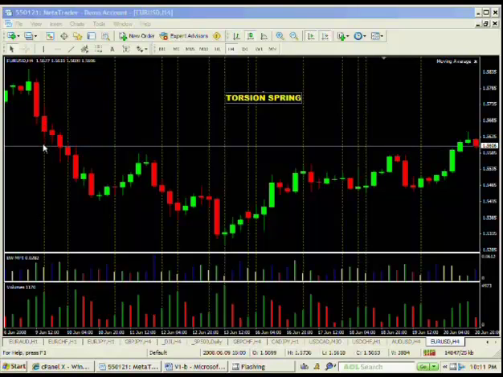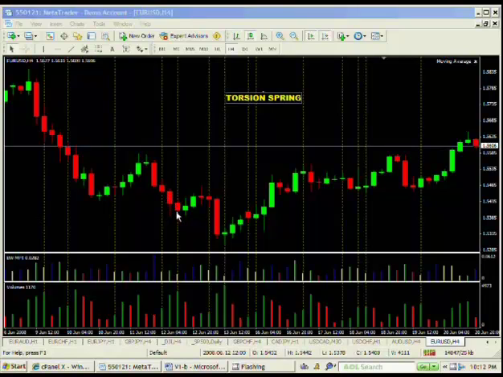For instance, this bar broke down through our spring here and continued down. This bar broke down through our spring and continued down. This bar broke up through our spring and continued up. This bar broke down through our spring and continued down.